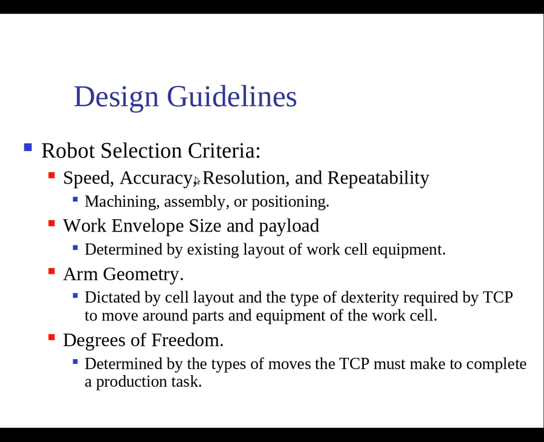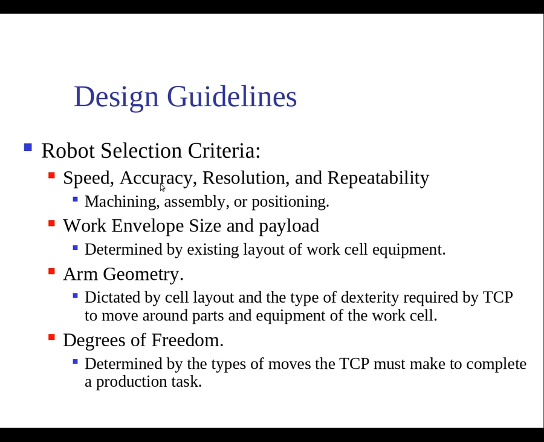Obviously, speed, accuracy, resolution, repeatability. Remember we talked about those the first week. All right, so we need to consider that. Is accuracy very important, or can it be a few millimeters off and still be okay? So all those sorts of things we need to think about.